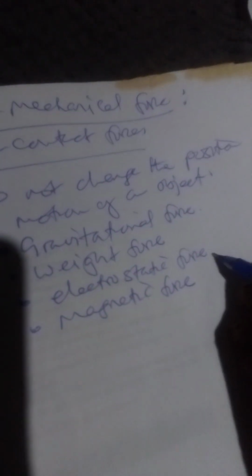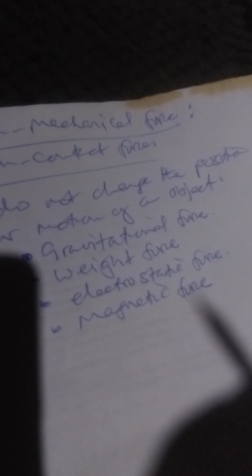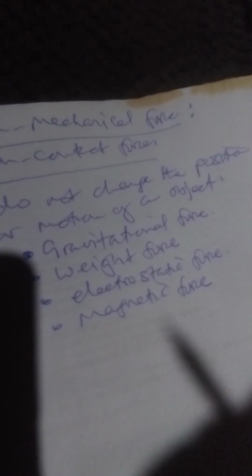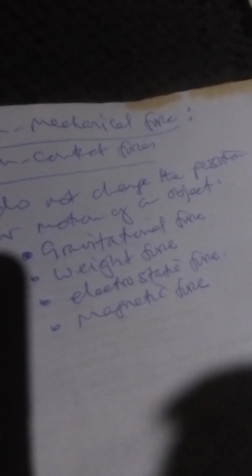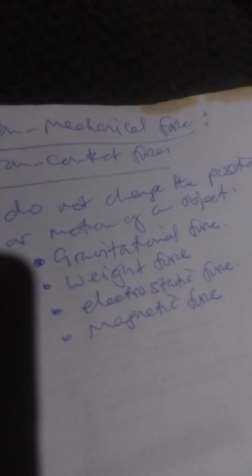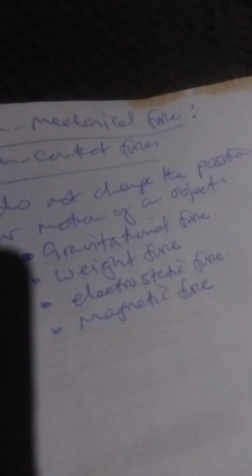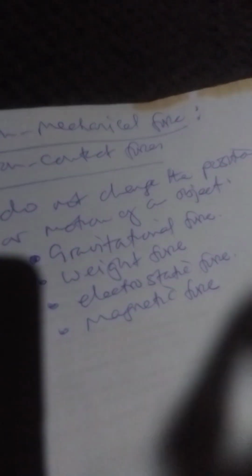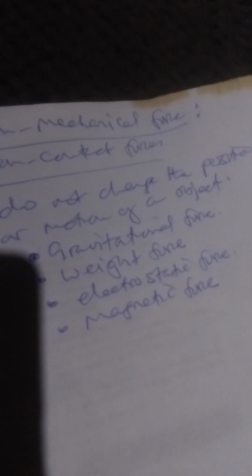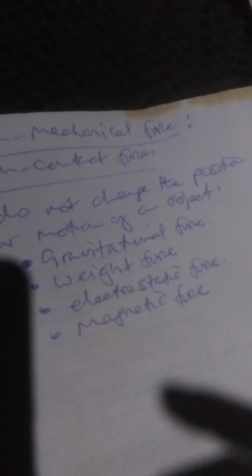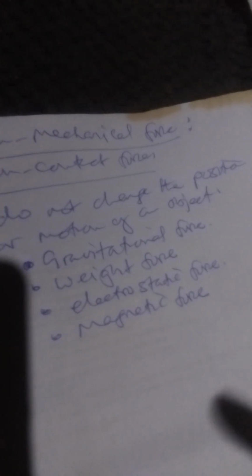Then electrostatic force. It is a force that is due to a point charge or two charges. So it is a force of attraction or repulsion between any two charges, or a force due to a point charge.